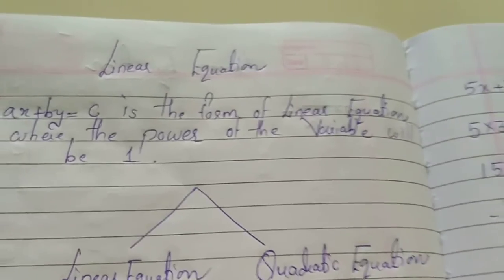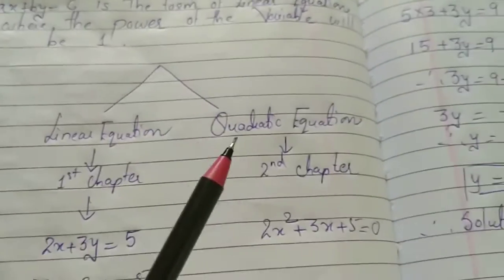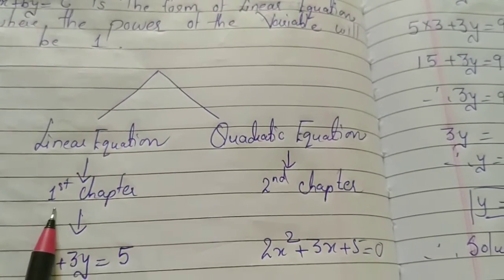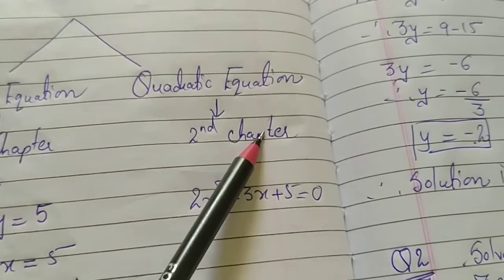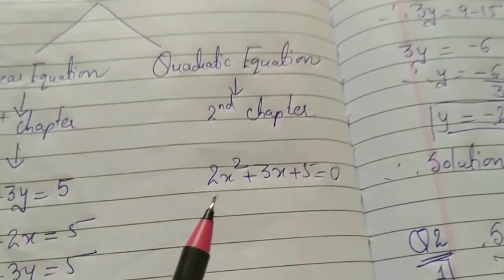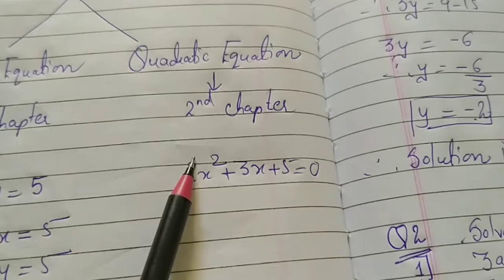Now first of all you should understand the difference between a linear equation and a quadratic equation. The main difference is in a quadratic equation, which you are going to do in the second chapter. In a quadratic equation, the degree will always be 2.